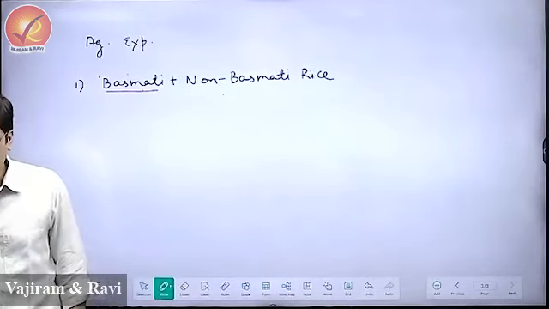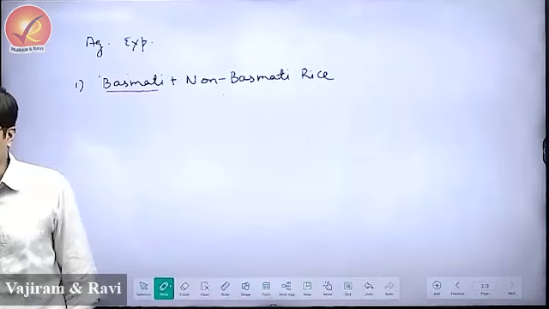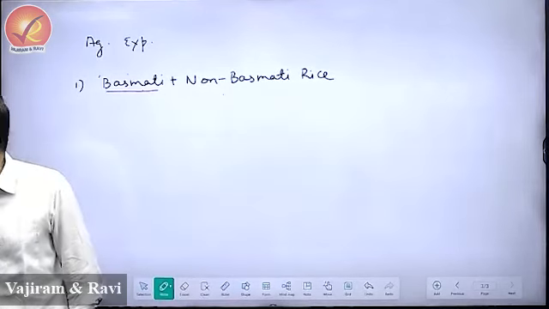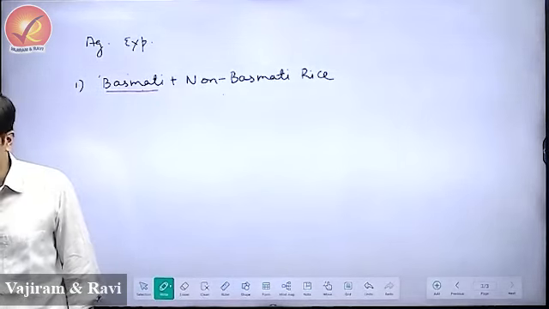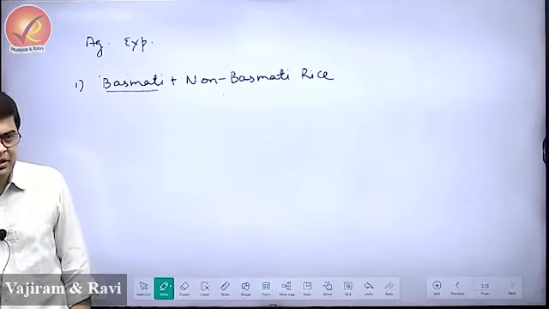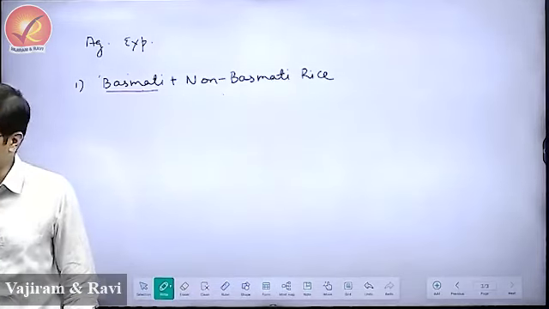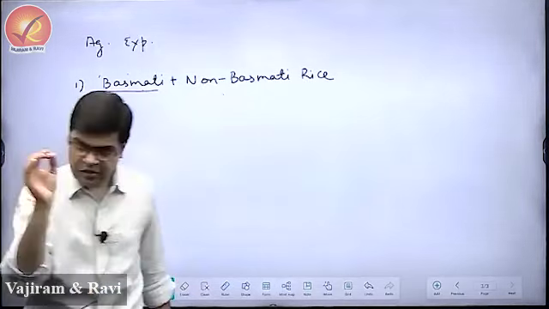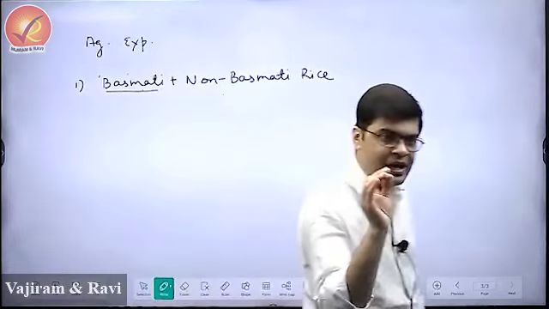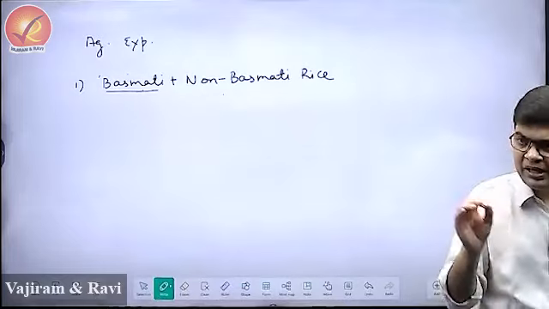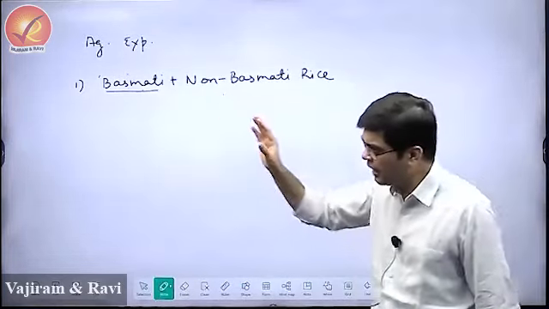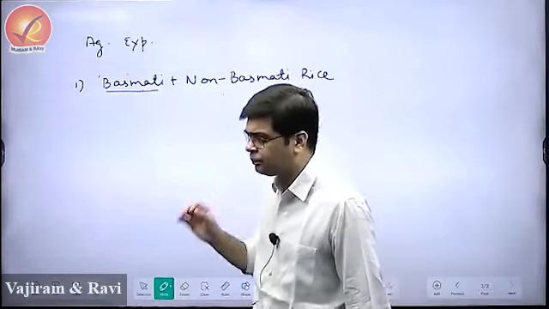But today, basmati rice is cultivated in the areas of Bihar, even Orissa is cultivating, Madhya Pradesh is emerging as an important producer of basmati rice, and there are even reports that Andhra Pradesh has also started cultivating basmati varieties. So, traditionally, Punjab, Haryana, Western UP have been the areas for basmati rice cultivation, but today a number of other states are also cultivating.